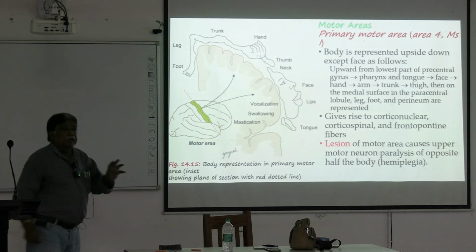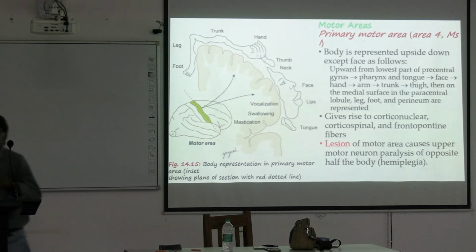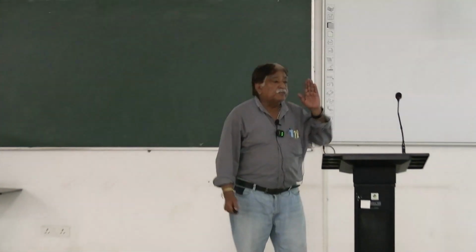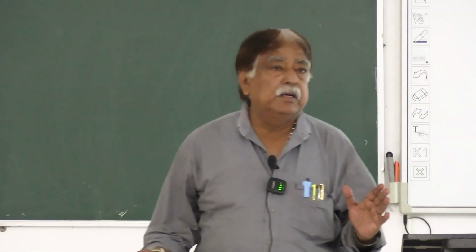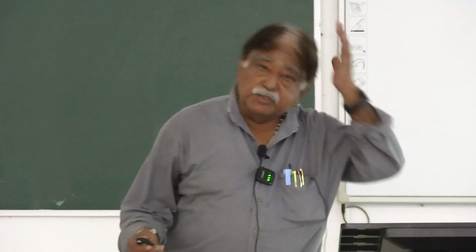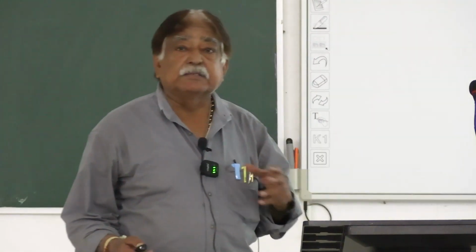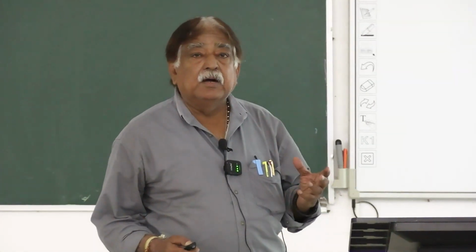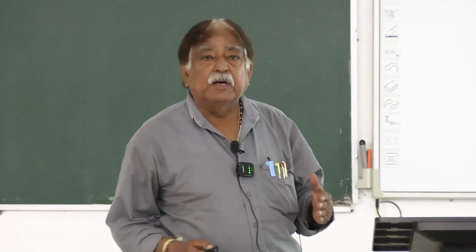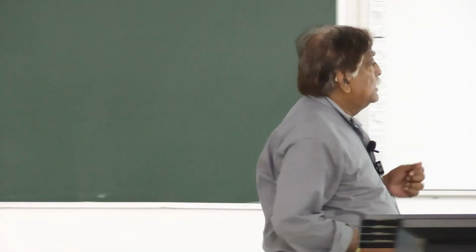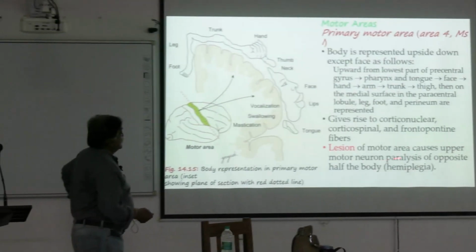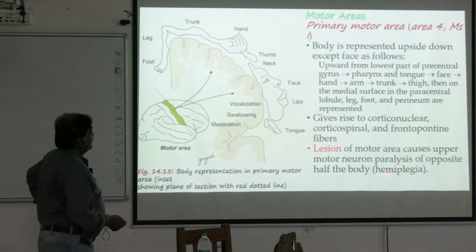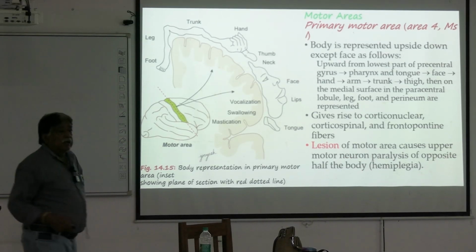Now, any motor area that is not functioning, then you think of which part of the brain has gone wrong. It can be by contusion, cerebral hemorrhage, or any trauma. Now, see, lesion of motor areas causes upper motor neuron paralysis of the opposite half of the body, hemiplegia.